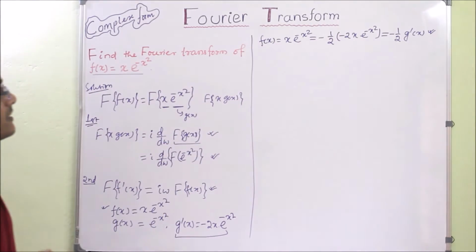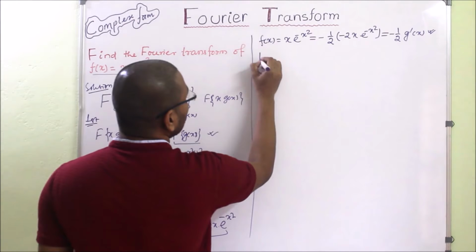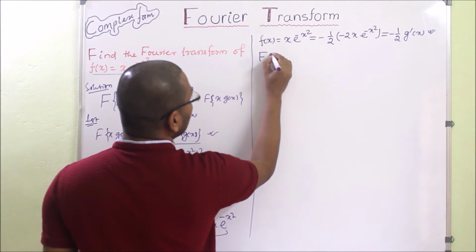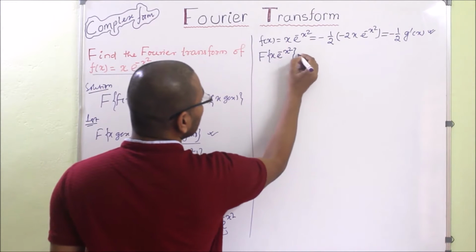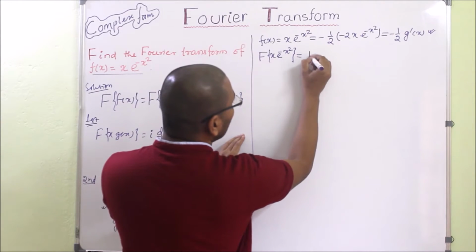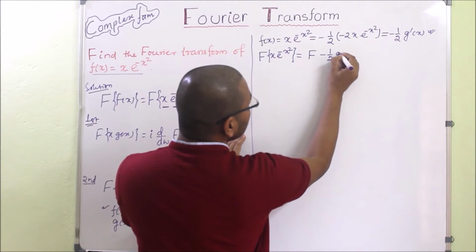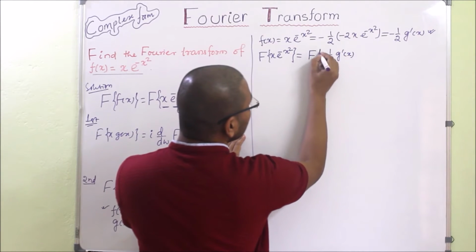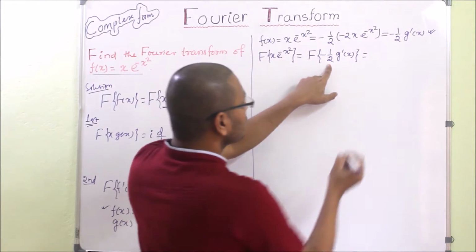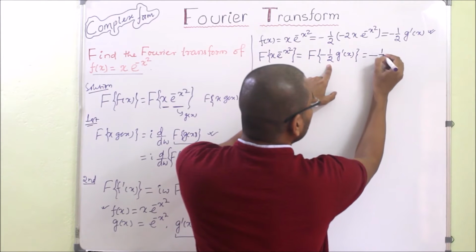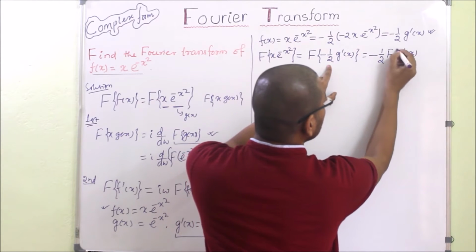Now using this relation we can get the Fourier transformation of x e to the power minus x square, which equals the Fourier transformation of minus 1 by 2 g dash x. Minus 1 by 2 is a constant, so we can take it out: minus 1 by 2 Fourier transformation of g dash x.